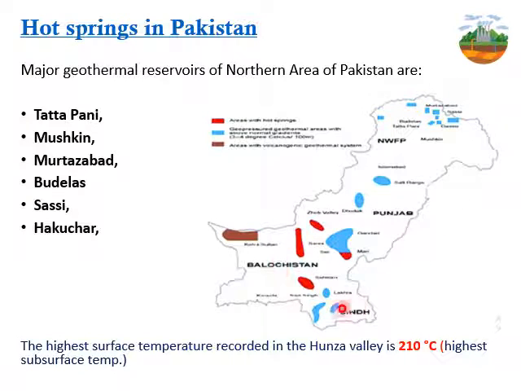So these resources are distributed over these areas that have been appointed by the Government of Pakistan Energy Division. The highest temperature recorded in Hunza Valley is around 210 degrees centigrade for subsurface temperatures. So it's quite a high temperature, and that can be harnessed for the generation of electricity.